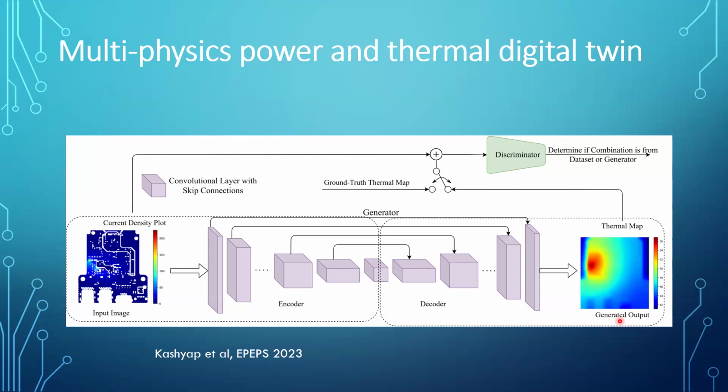Because it's not physics based, you just train the digital twin the same way as you would for the electrical case, because all it cares about is images, right? You feed an image in, get an image out, and so you can relatively quickly generate a power-to-thermal image.